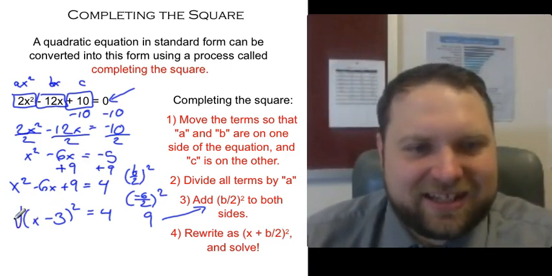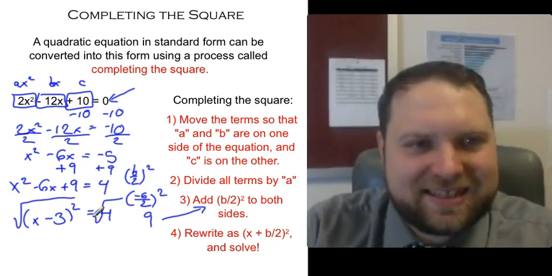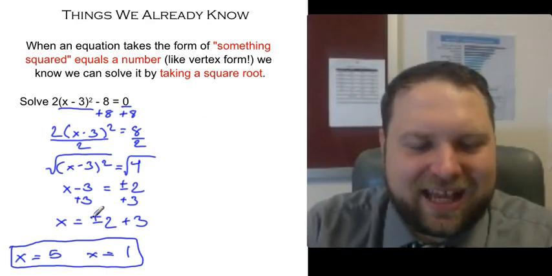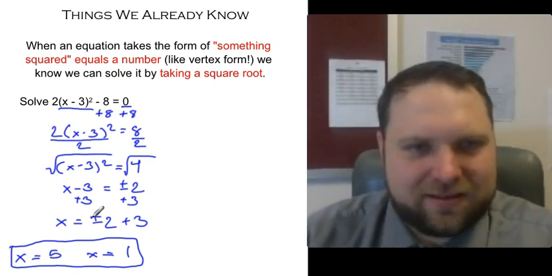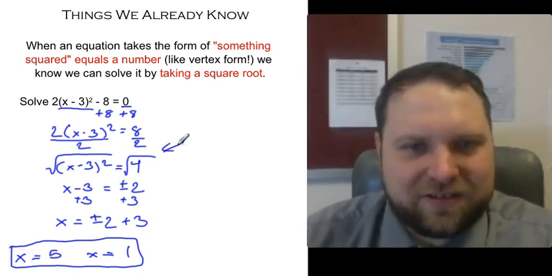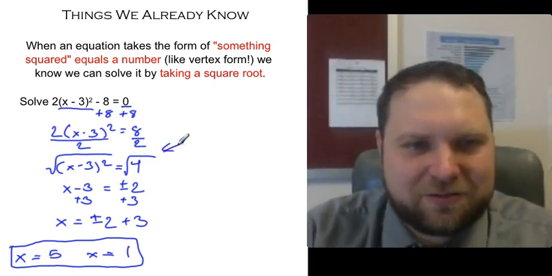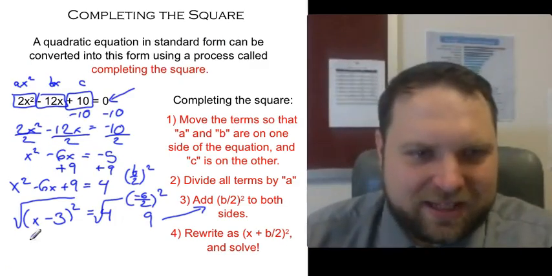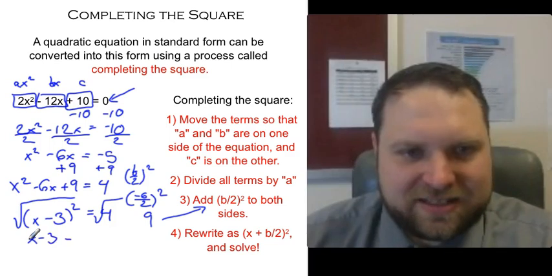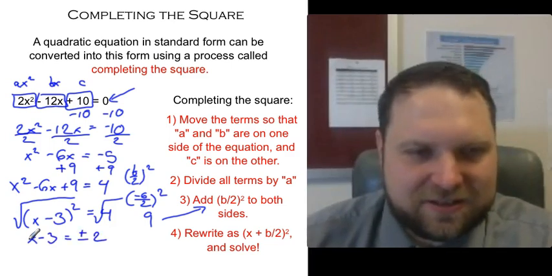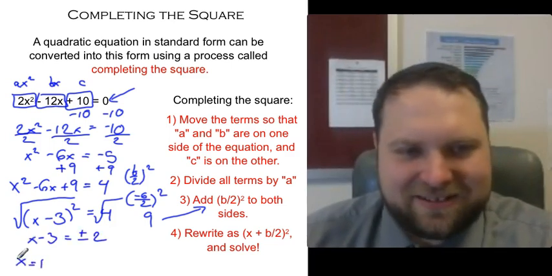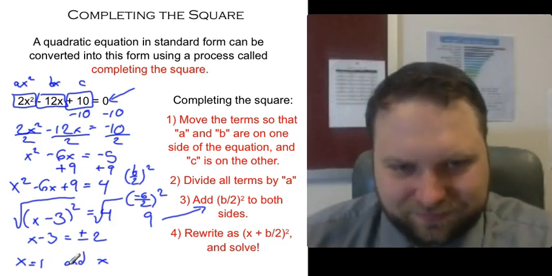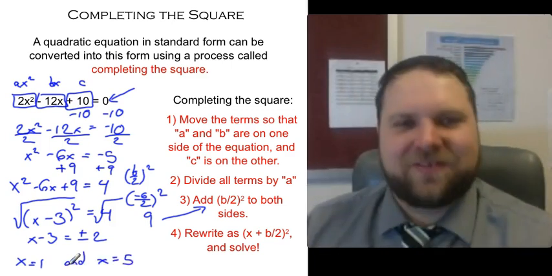Now that I have it here, I can solve this, and what I need you to see is that this is exactly how we solved this problem before. If you look at this step and then look at the step we're on now, it's exactly the same. So I end up with x minus 3 equals plus or minus 2, and when I separate those out, I get x equals 1 and x equals 5.